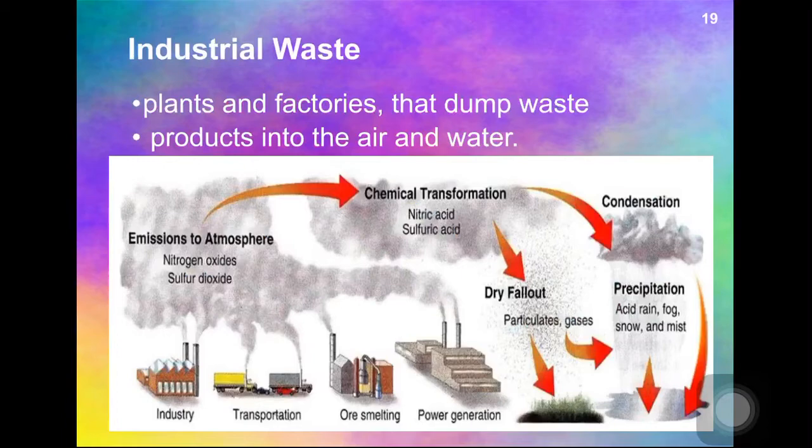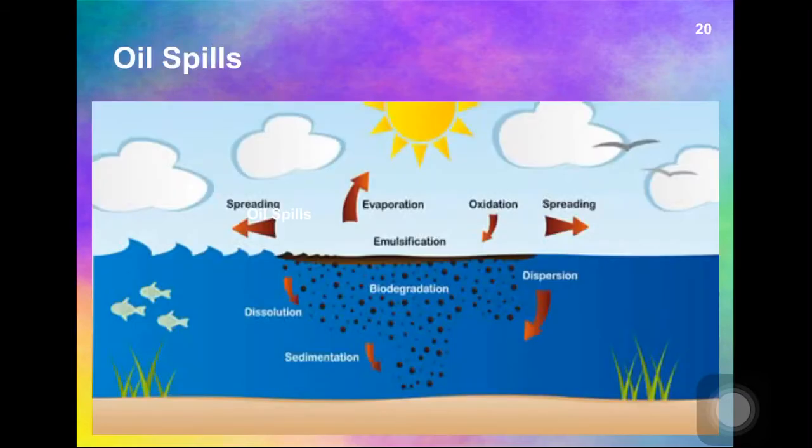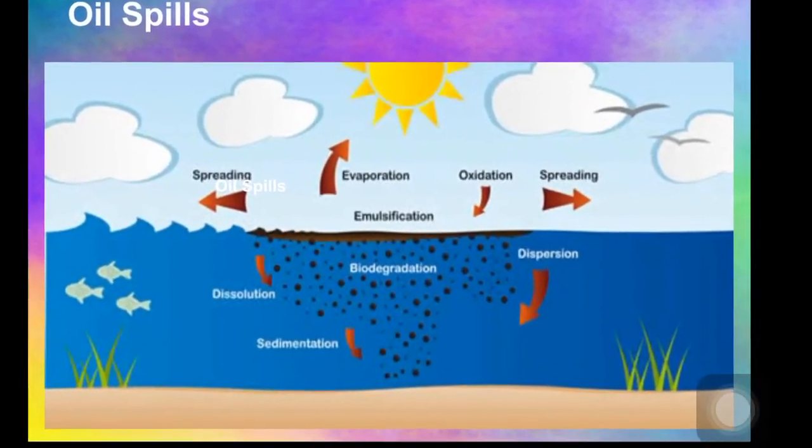Industrial waste: plants and factories dump waste and products into the air and water, as discussed before. The second is oil spill. Let's discuss the behavior of oil at sea.